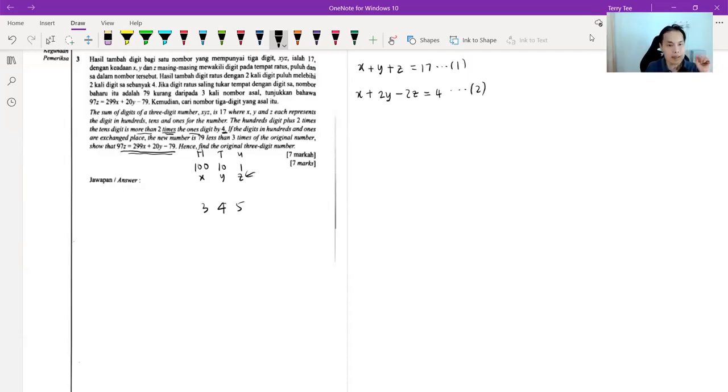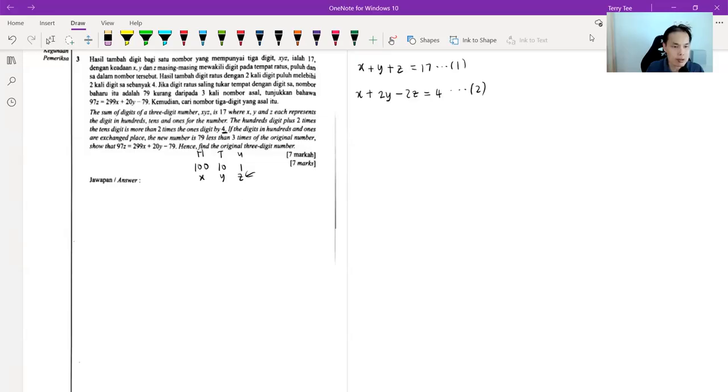Okay, now the next one is this. If the digits in the 100 and the 1 are exchanged, so the digit in 100 is x, the digit in 1 is z, we exchange the position. Let me write here.